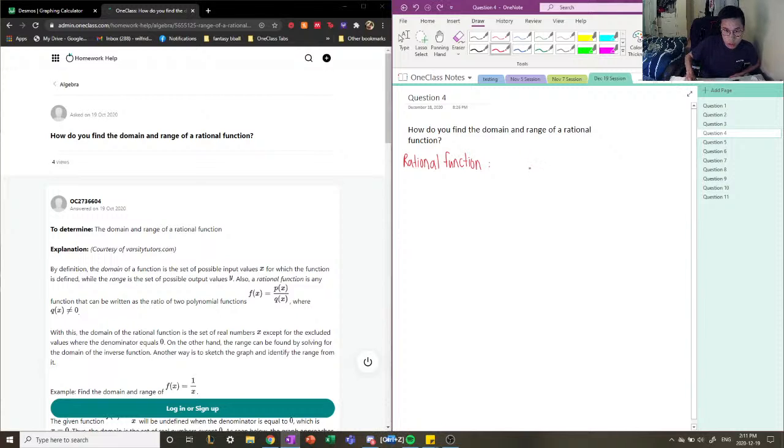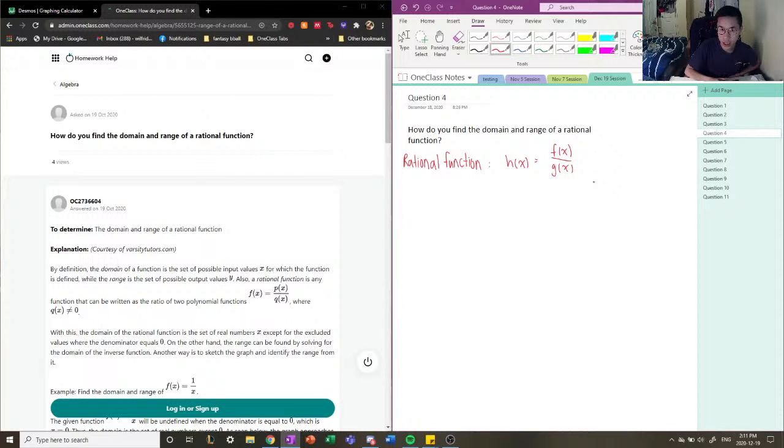We describe h of x as a rational function, equal to the division of f of x by g of x, where f of x and g of x can be any kind of function. Usually in high school mathematics, we see f of x and g of x as polynomial functions, but they can be anything.